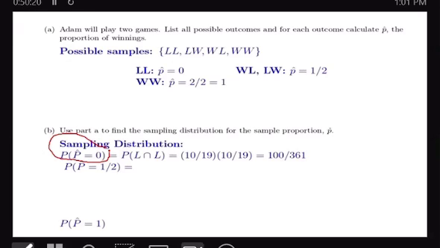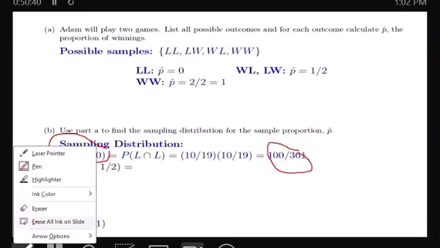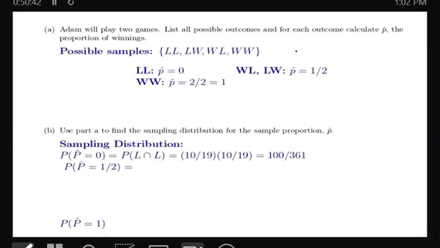The statistic here is a random variable. So the probability that it is equal to 0 is when he loses both games, loses the first game and loses the second game. And that probability is this. Now, the probability that p cap is going to be equal to half, and you remember the other time I said equal to half, is this condition.